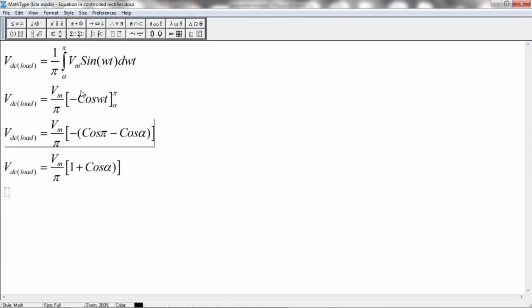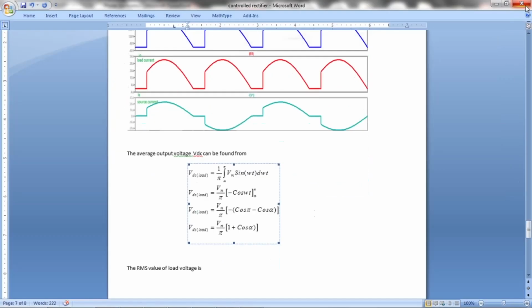The integration of sin omega t is minus cos omega t from alpha to pi: minus cos pi minus of cos alpha, that is 1 plus cos alpha, times Vm by pi. So we got Vm by pi times (1 plus cos alpha) as the average value of the load voltage.